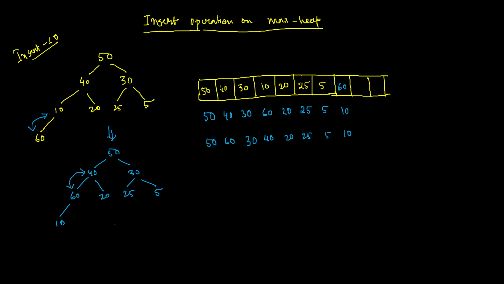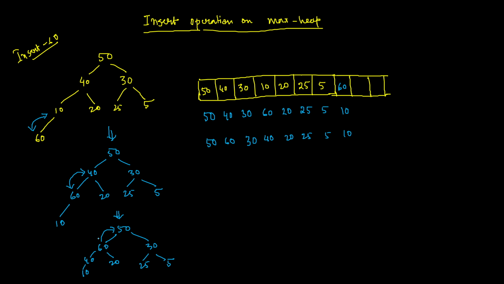And then the newly updated tree will be something like 50 will be here, below this it will be 60, below this it will be 40, and below this it will be 10. On the side of 60 we will have 20, on the side of 30 we will have the same situation, 25 and 5. But still there is one more thing to check: whether 60 and 50 are following the rule or not.